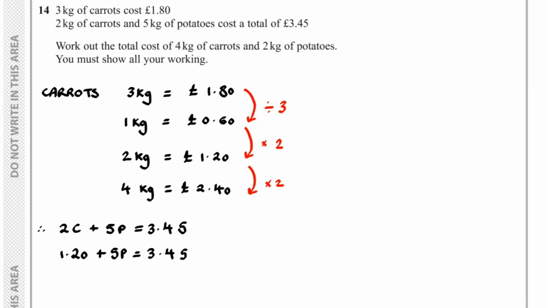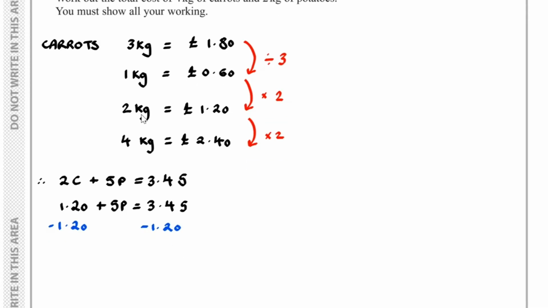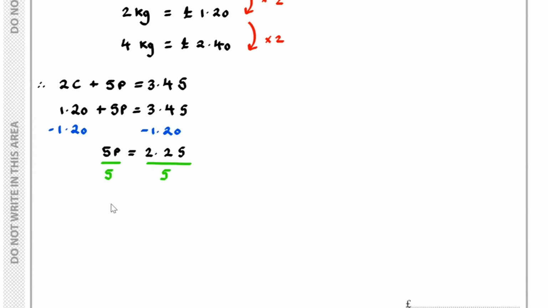And if I subtract £1.20 from both sides, we've got 5 potatoes equaling £2.25. And now if I divide both sides by 5, we have 1 potato equaling 2.25 divided by 5, which is 0.45.